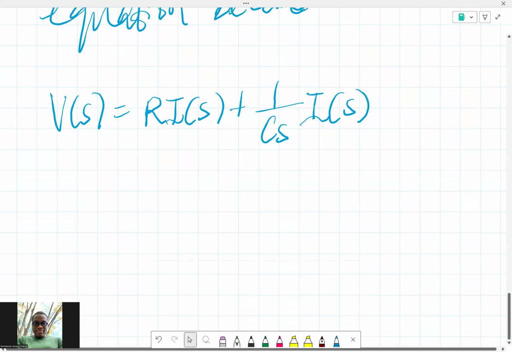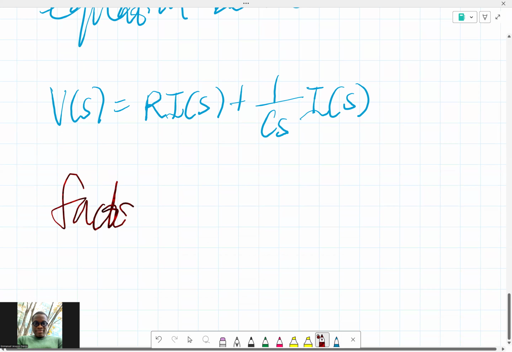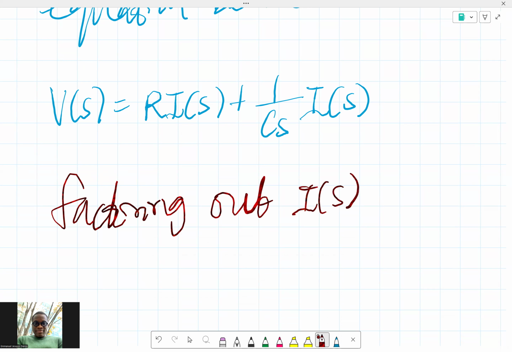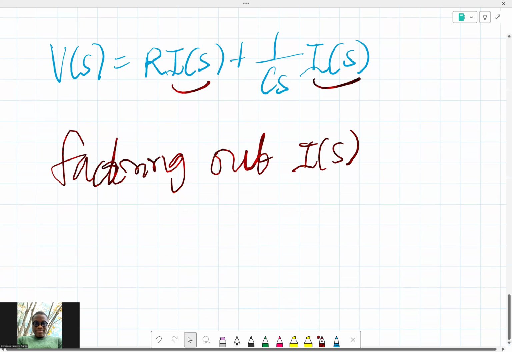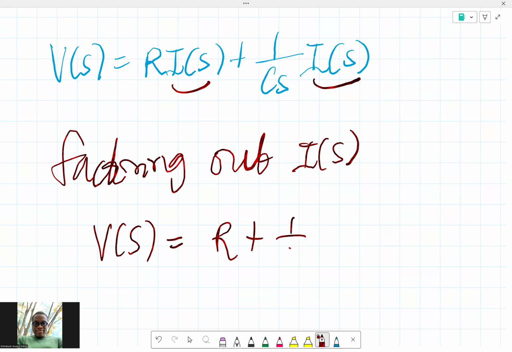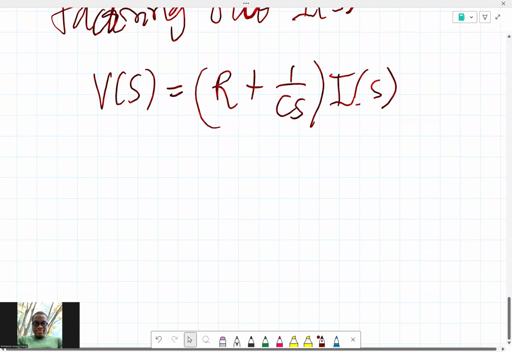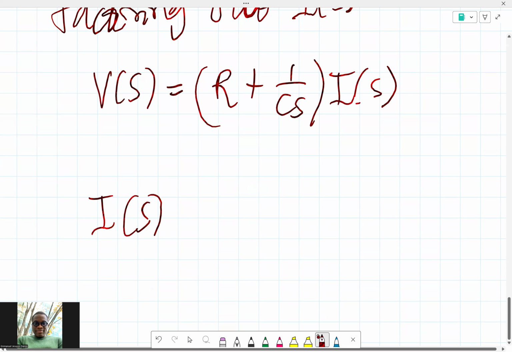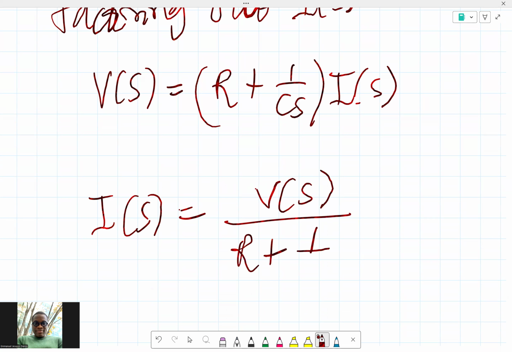Of course, we can go on factoring out I of s, since we have I of s in both terms. So V of s equals R plus 1 over Cs, times I of s, which makes I of s equal to V of s all over R plus 1 over Cs.